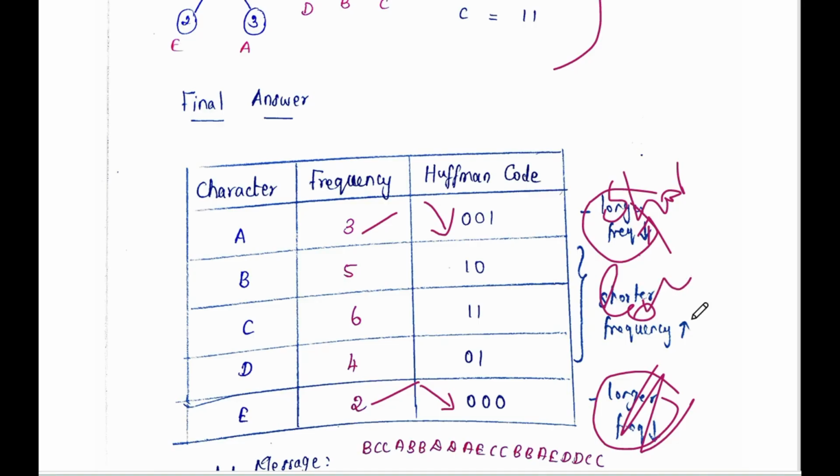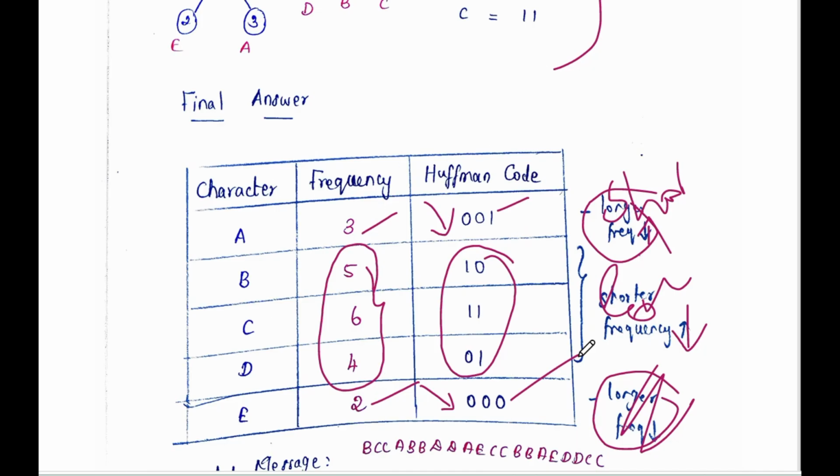So longer frequency uses the shortest binary code. Clear? So these three characters B, C, D appeared many times in the particular message. We use binary code length 2. Here 3 and 2 appeared fewer times, so the binary code length is 3.